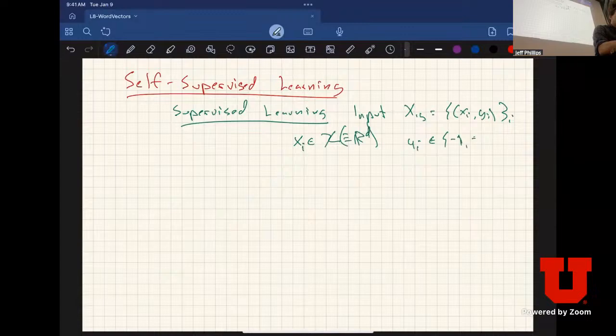And in two-class classification, for instance, it's -1 or +1; in regression, real values. So this is classification, this is regression, and these are the labels.